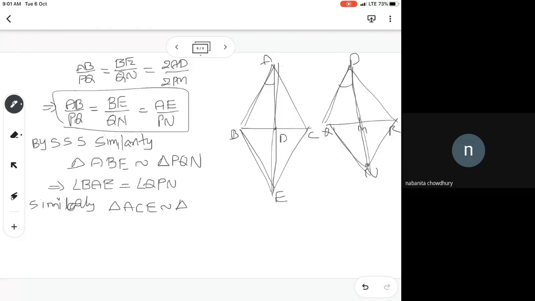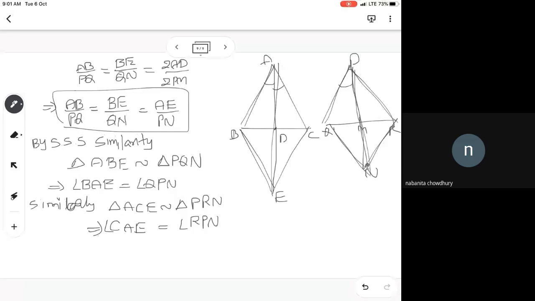Okay. So PRN. This one. So from this, what can you say? This angle, what is the angle? Angle CAE is equal to angle RPN.